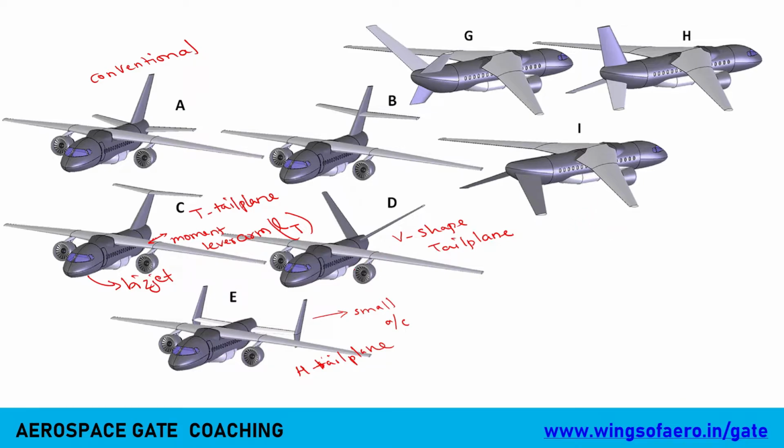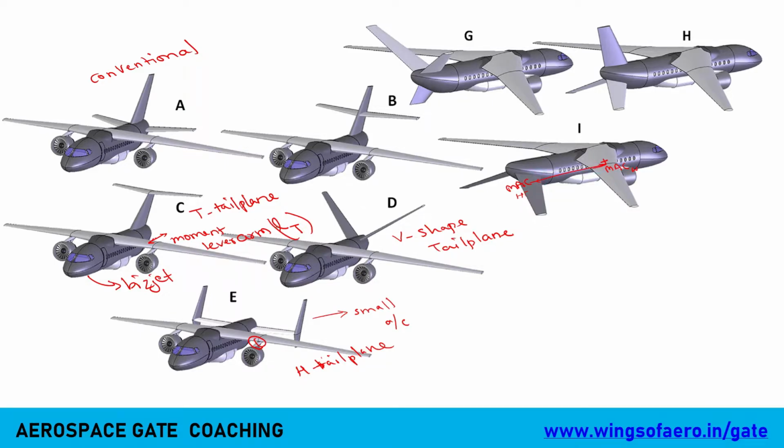Okay, so fine. Is the pylon and lever arm the same? No, pylon is different. Pylon is this one. How these engines are attached to the wing structure, that is pylon. Lever arm is the distance from the mean aerodynamic chord of the wing to the mean aerodynamic chord of the horizontal tail or vertical tail.